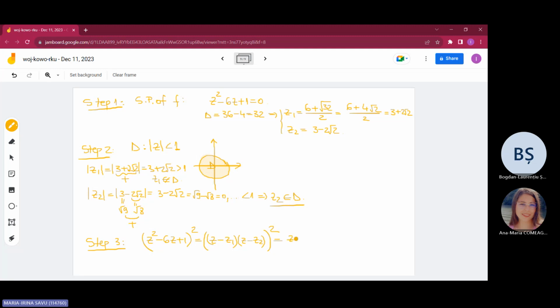So it is z minus z1 squared times z minus z2 squared. Okay, so z1 and z2 are both of order 2 because of this exponent. So you have that z2 is a pole of order 2.